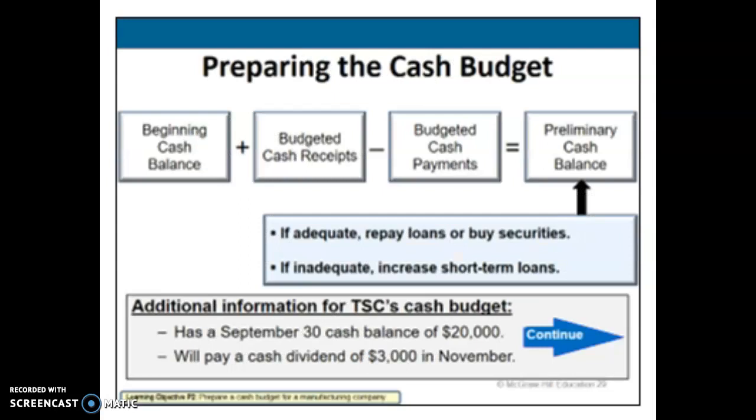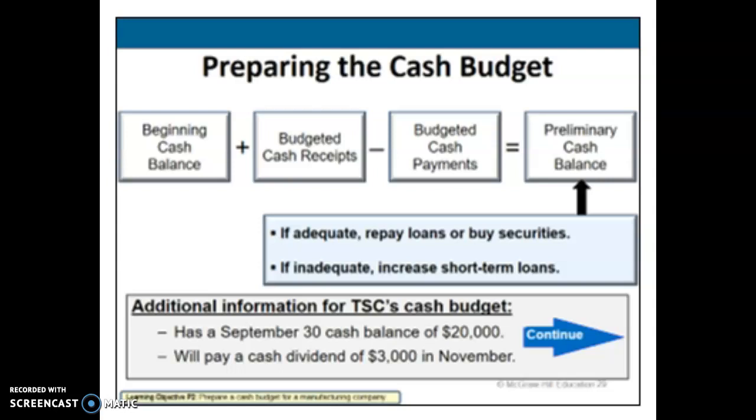All right, preparing the cash budget. Remember that we've done these all in a specific order, so now we're ready to do the cash budget. The fixed overhead assigned to depreciation in the factory overhead budget does not require a cash payment, therefore it's not included in the cash budget.